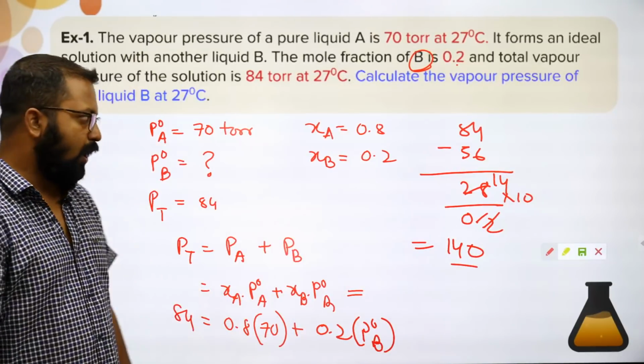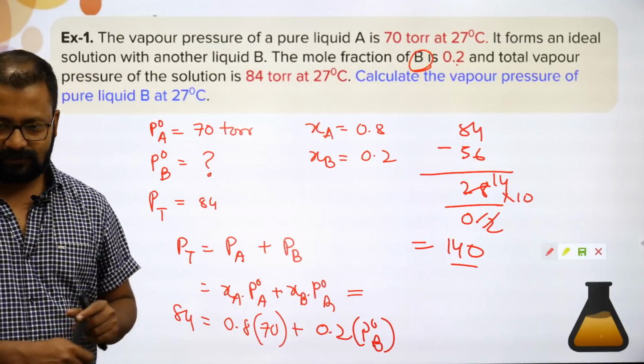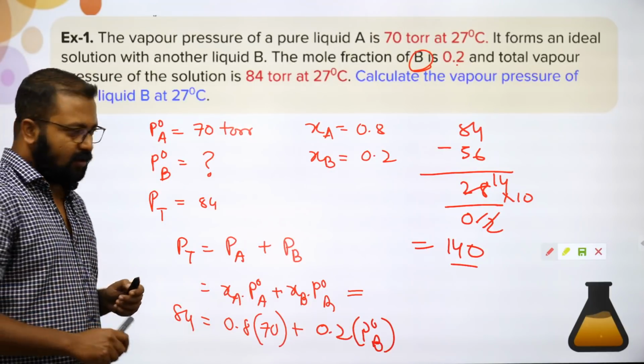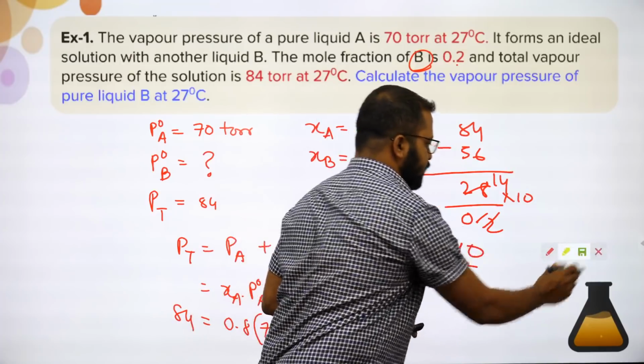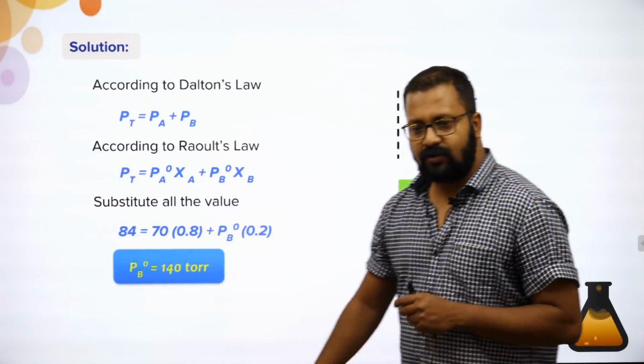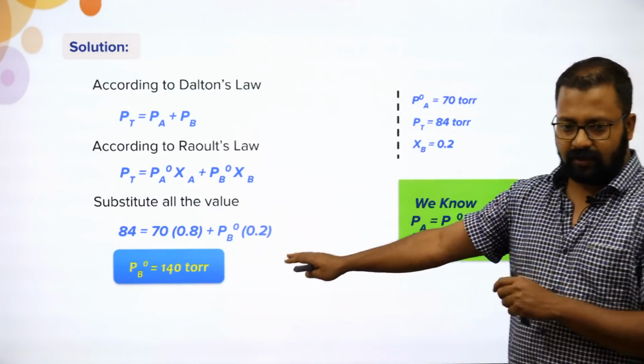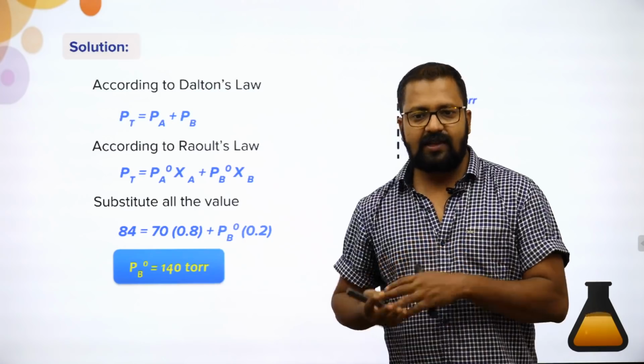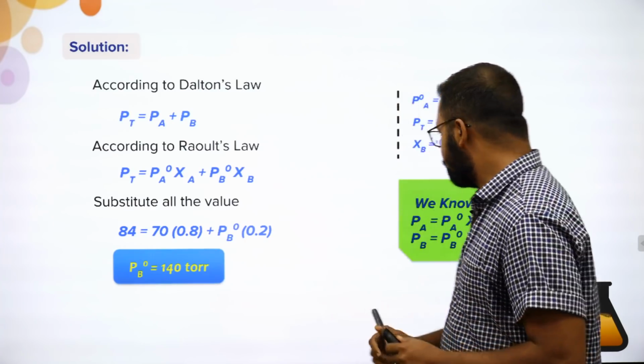The answer should be 140, not 14. Yep, the answer is 140. So I've also written the solution over here. Very simple question, very, very simple.